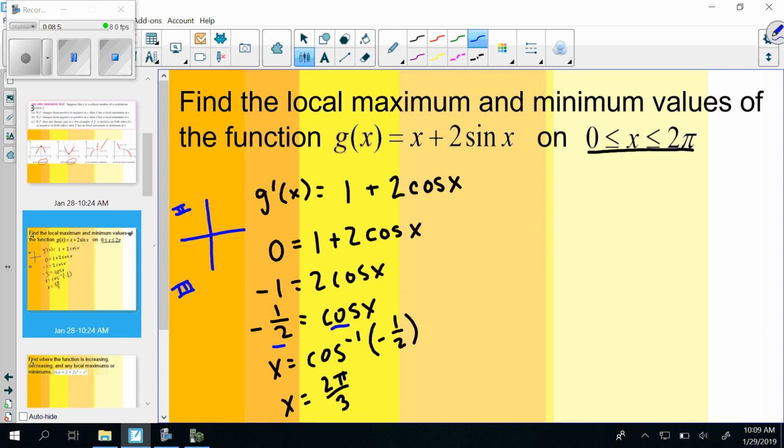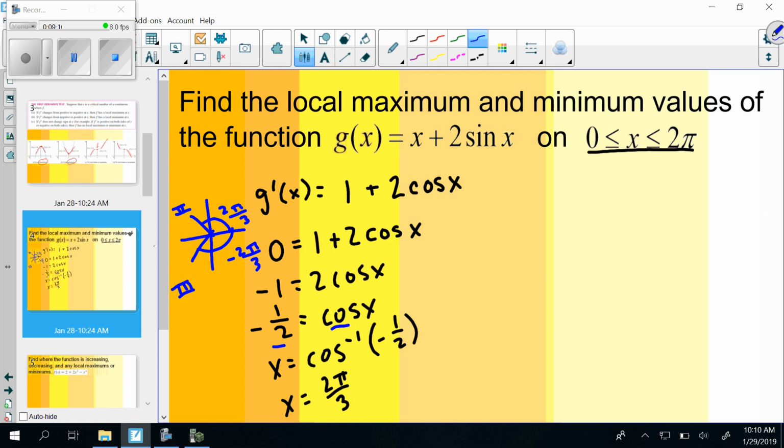So we know that 2 pi over 3 produces one value. We want to find that same value in the third quadrant. So that would be the same as going -2 pi over 3 in that direction. To get that between 0 and 2 pi, though, what we'd want to do is add 2 pi to that.